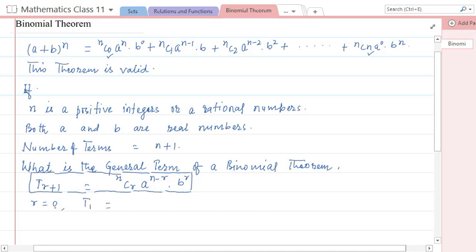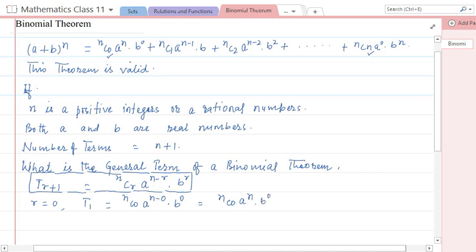Putting the value of r in the right hand side, this will be nC0 a to the power n minus 0 into b to the power 0, which equals nC0 a to the power n into b to the power 0.